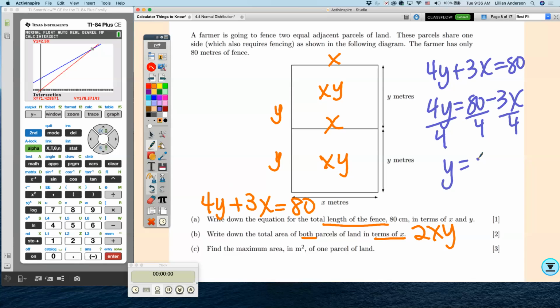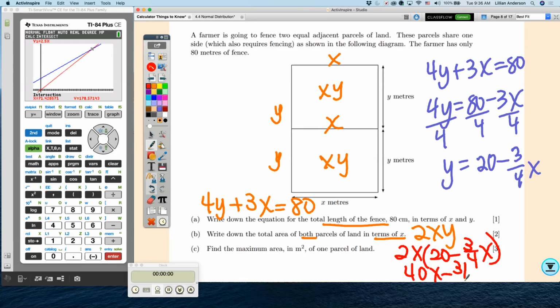So then it'd be 20 minus 3/4 x. And then you'd plug that into the new equation from B. So then my total area would be 40x minus 3/2 x squared.